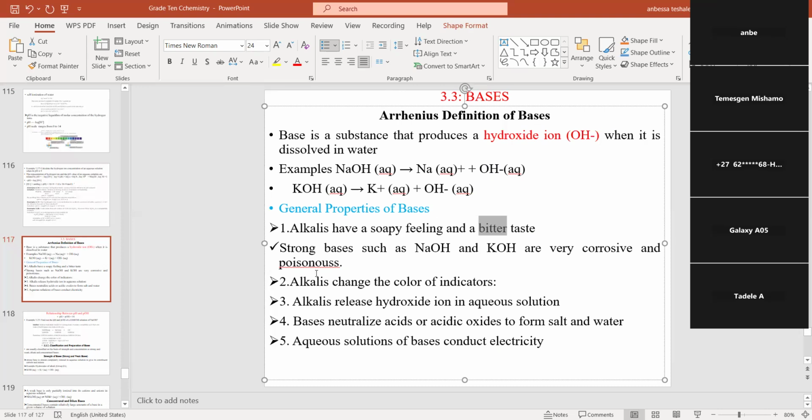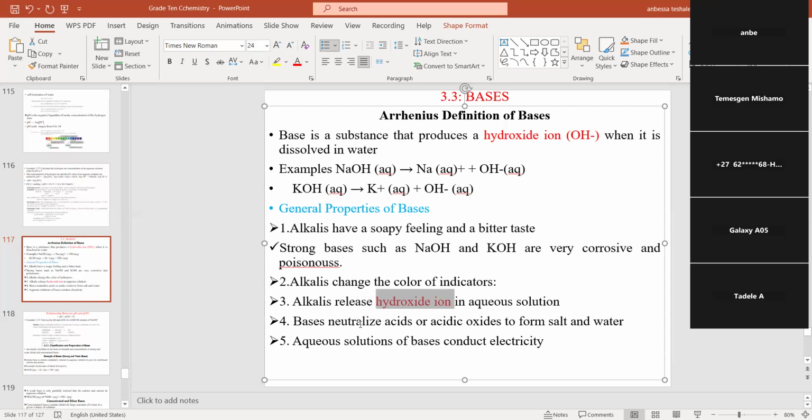And some examples of base are hydroxides of group 1 and group 2, which are examples of strong bases. It changes the color of an indicator. A base always releases hydroxide ion in aqueous solution.